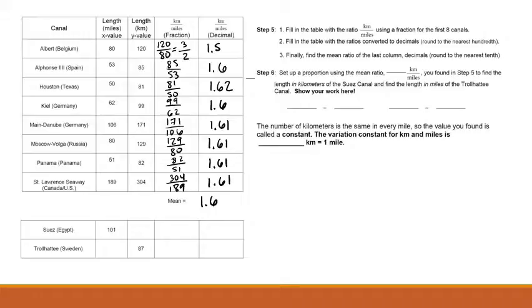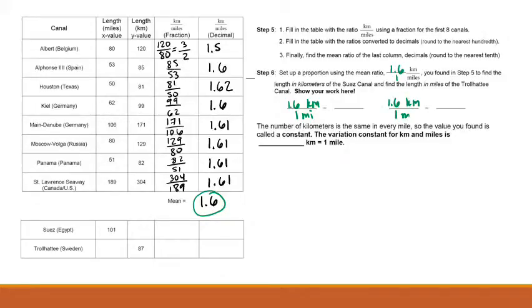So here you'll see a completed table with the fractions and the decimals, and you'll also see that mean value of 1 6/10. So that means that there's approximately 1 6/10 kilometers in 1 mile. And now we're going to use that to help us figure out the missing values. So 1 6/10 of a kilometer in 1 mile, that's going to be set up in both proportions.